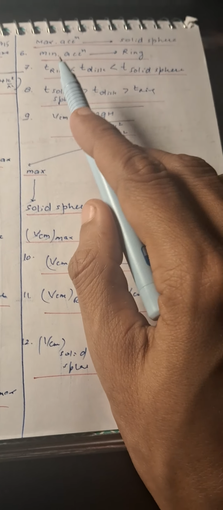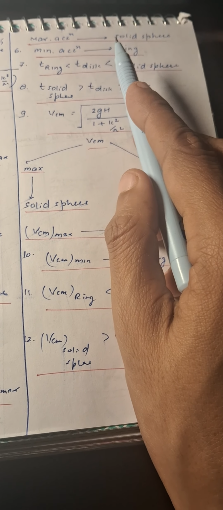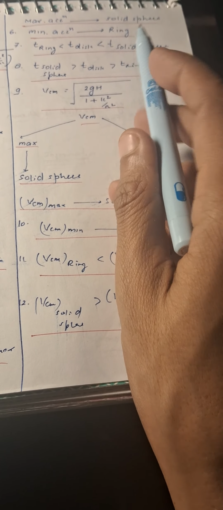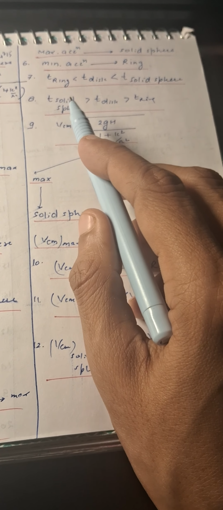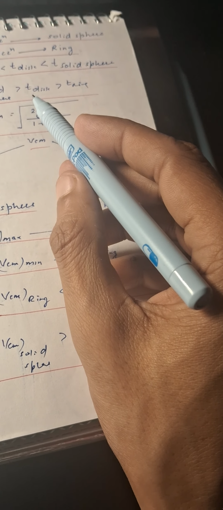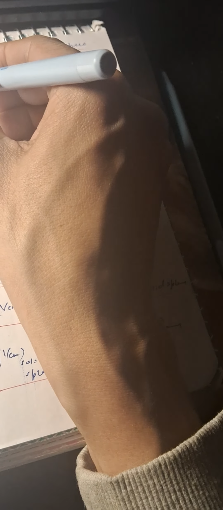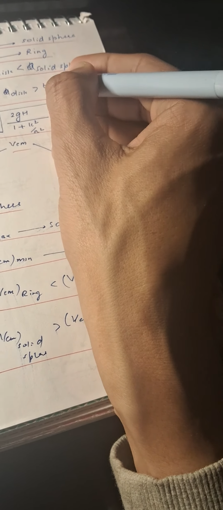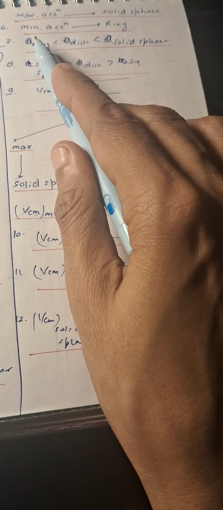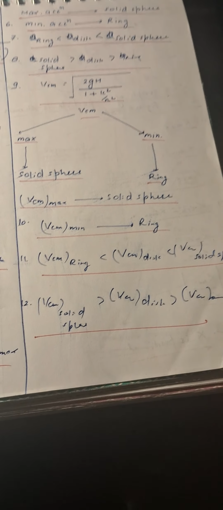So maximum acceleration is obviously possessed by solid sphere, minimum acceleration by ring. If we arrange in terms of acceleration, the acceleration of ring will be minimum while that of solid sphere will be maximum. That is the ascending order and this is the descending order.